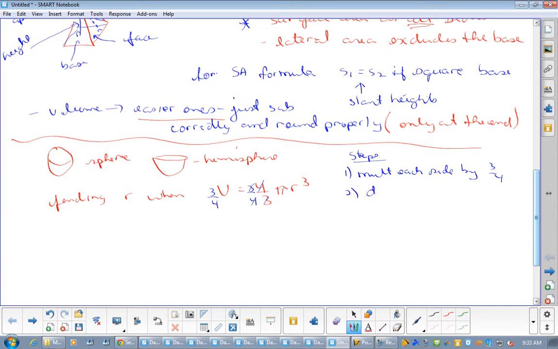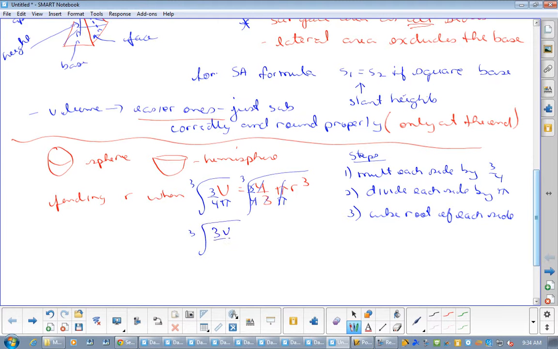Okay, divide each side by pi, and then I'd put pi there and pi there. Then step 3, yeah, cube root each side. So I would take the cube root, so I would get the cube root of 3V over 4 pi equals r.